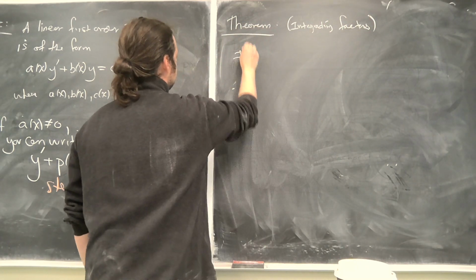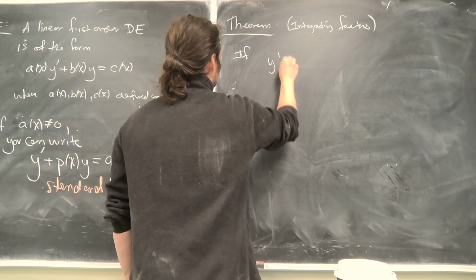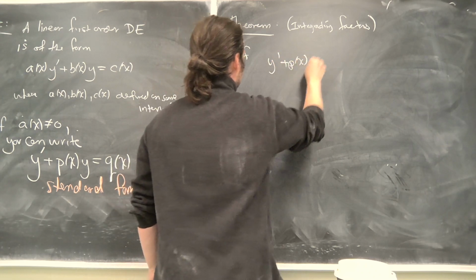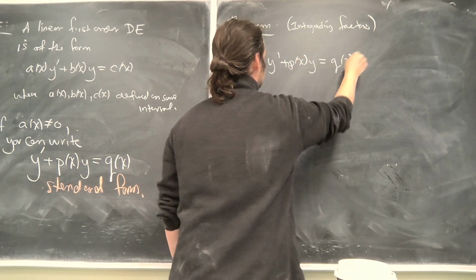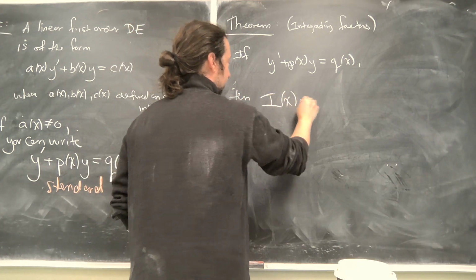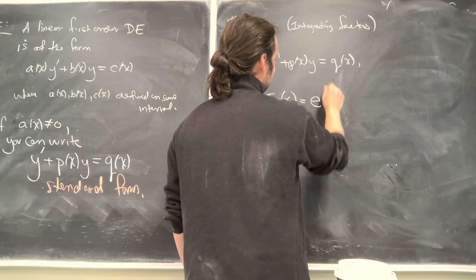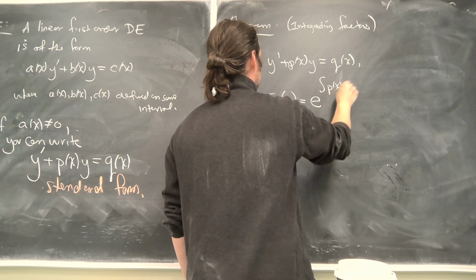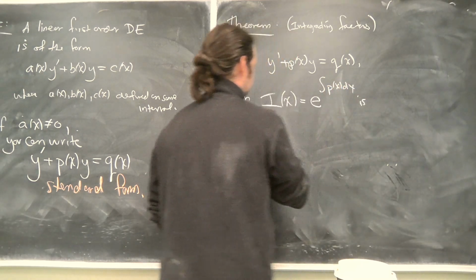If y prime plus p of x y is equal to q of x, then I of x is equal to e to the integral of p of x dx is an integrating factor.